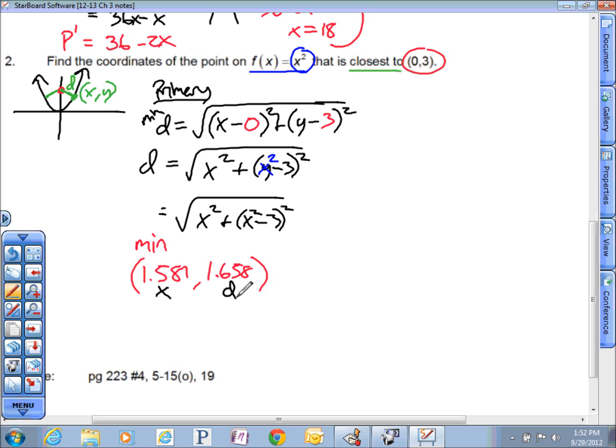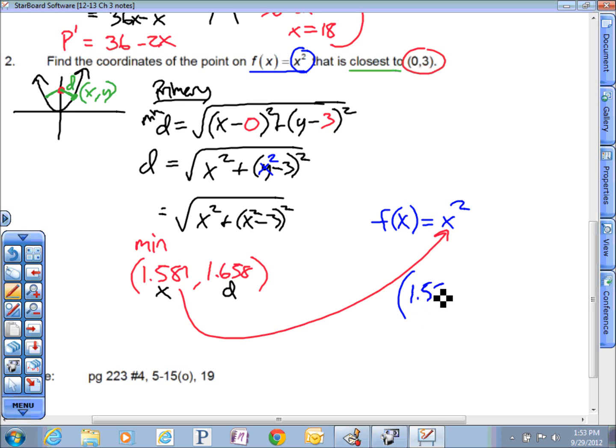Take this x-coordinate, 1.581, go back to the secondary equation, plug it in and square it. So the coordinates of my minimum would be 1.581 and whatever 1.581 squared would be. I'm going to let you punch that in your calculator and figure that out for yourself.